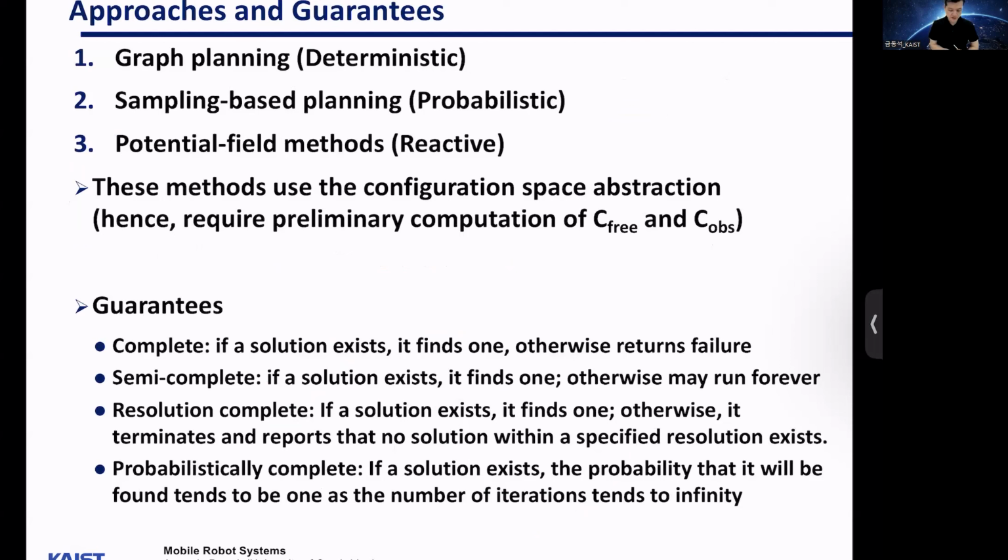Approaches and guarantees. There are three main approaches when it comes to path and trajectory planning for robots, and those are listed here, and we are going to cover these three methods.